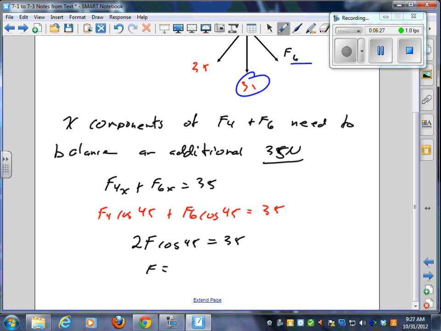So F is simply going to be 35 divided by 2, and take the inverse cos of that. No, I'm wrong about that. I am wrong about that. It's going to be, let's write it this way.